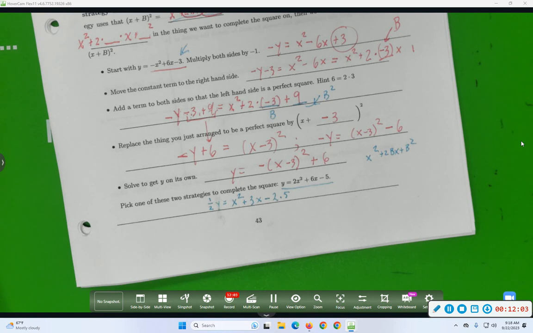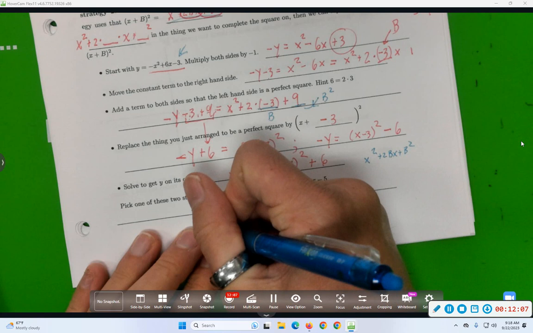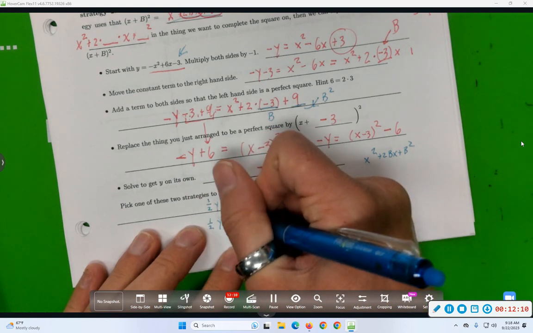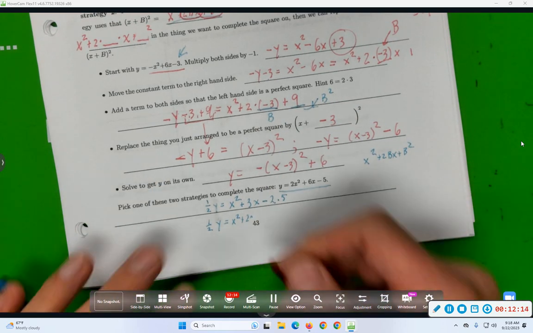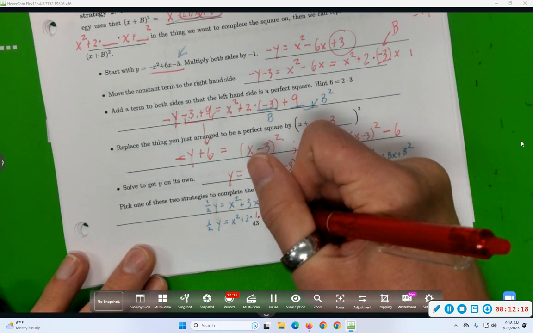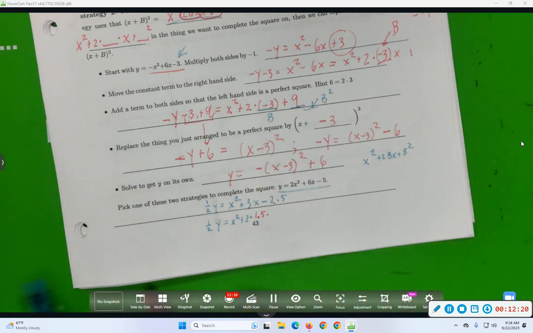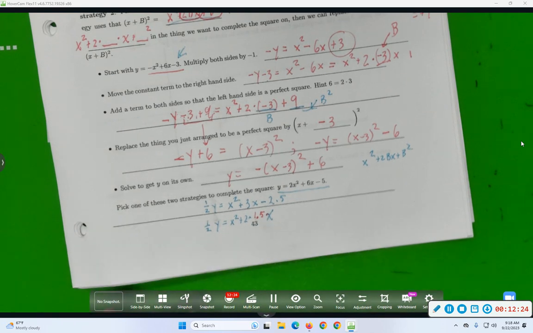But 1.5 also works. So let's do that. So this is the same thing as 1/2 y equals x squared plus 2 times 1.5 x. Well, I put that 1.5 in red because that tells me my choice of b.